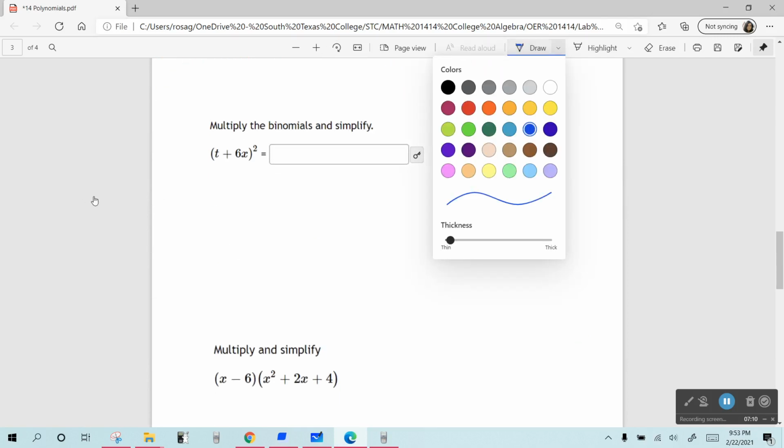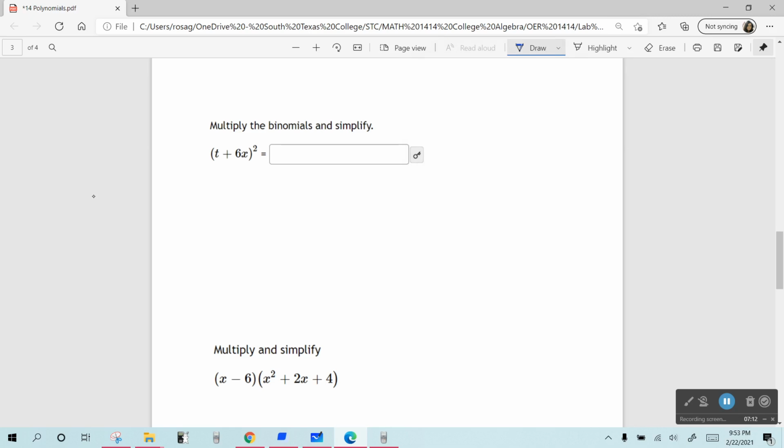Multiply the binomial. So what we're going to do, the square means that you have it twice. And again, every time I see binomial, you're going to see me doing the box, although you can do FOIL or whatever you prefer.